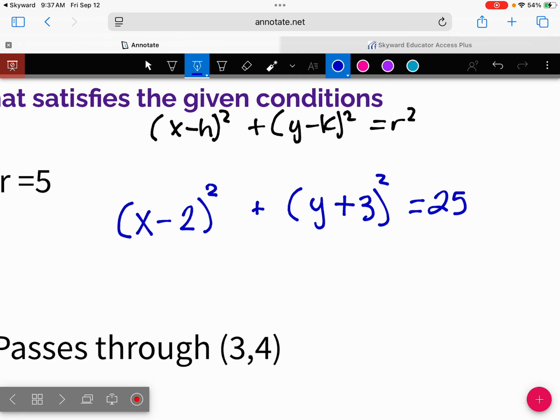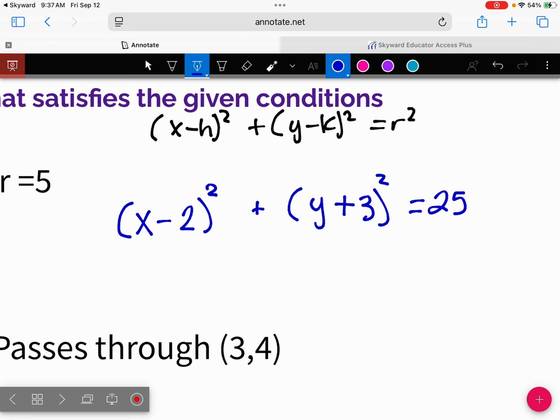Then we have this next one here. They're giving us a center, and they're telling us a point that it goes through, but they don't straight up tell us the radius. We are going to work with 2 points.